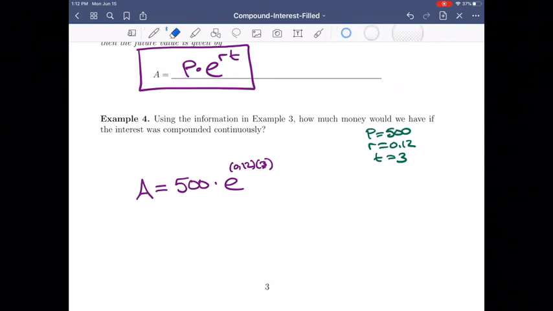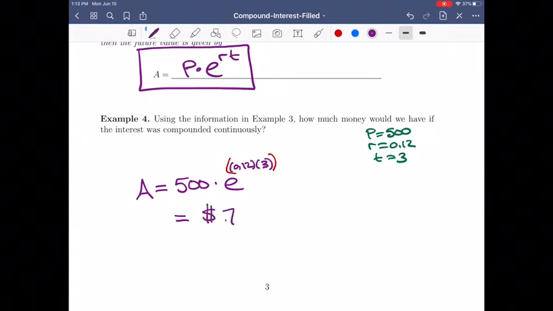You want to be careful when you're doing this on your calculator. If you want to do all of this at once in the exponent, you're going to want to put brackets around it. Otherwise it's going to do e to the 0.12 and then times 3 after. Or you can just compute that and write it as e to the 0.36.